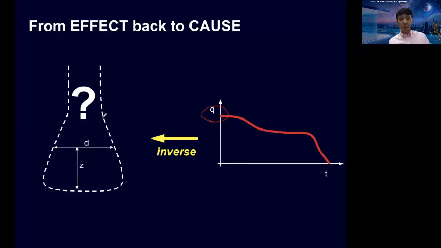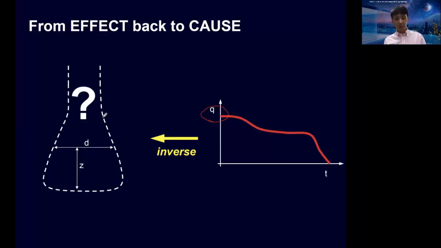Then we can inversely estimate the shape of the bottle using this output and input. Right? This is called the inverse problem. Or the other problem will be we know the shape of the bottle, and we know the output that's been recorded. So then what will be the input? The water level change maybe.